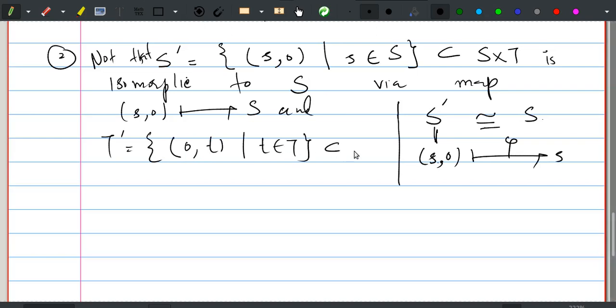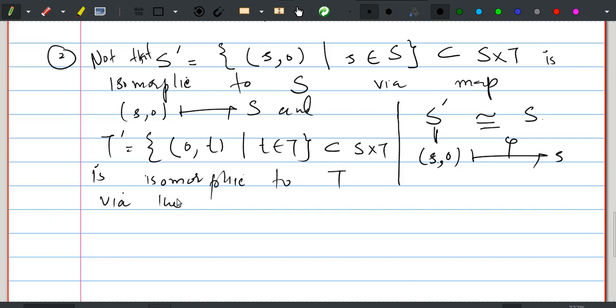So this is again a subgroup of S cross T. This is isomorphic to T via a map which maps an element (0, t) to t. So via this map, this is again an isomorphism.